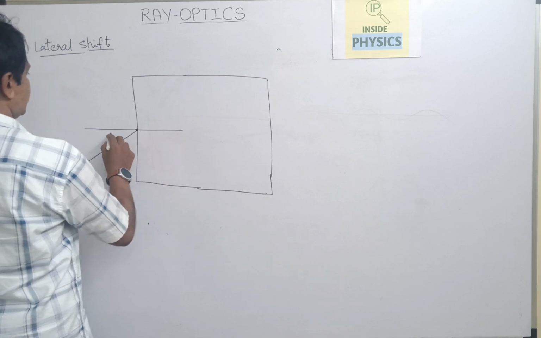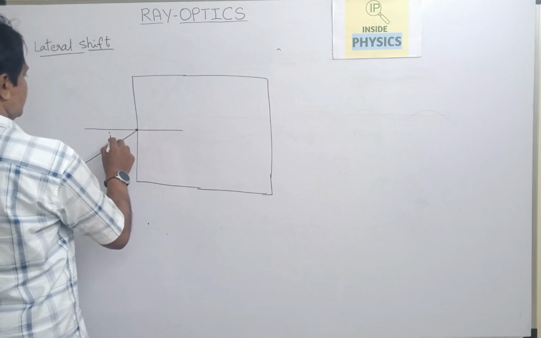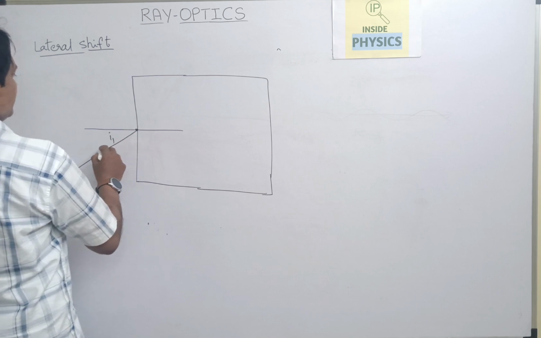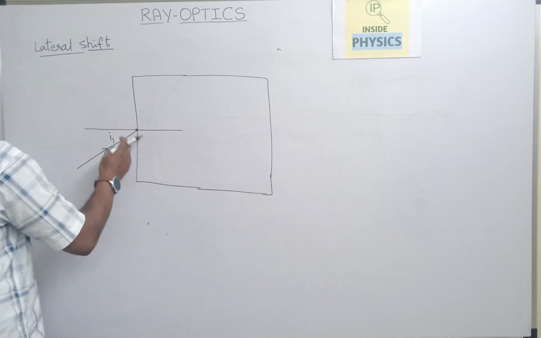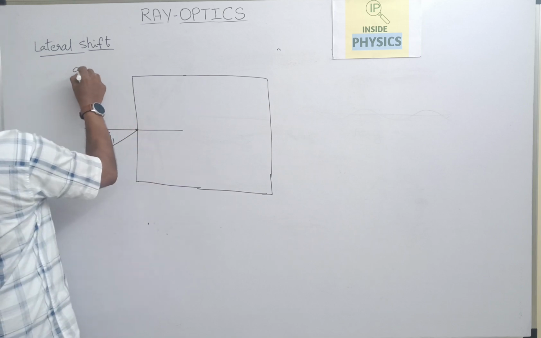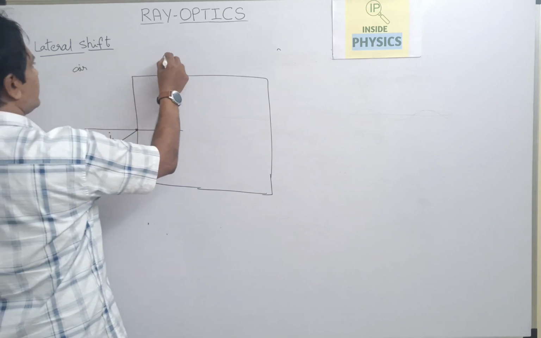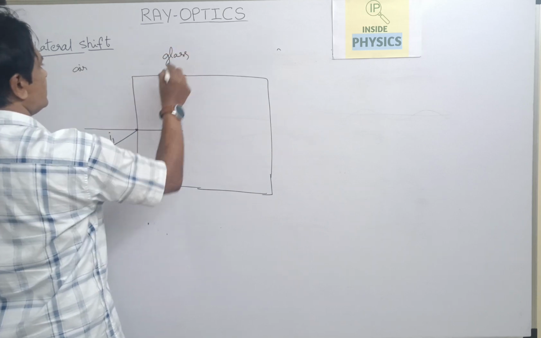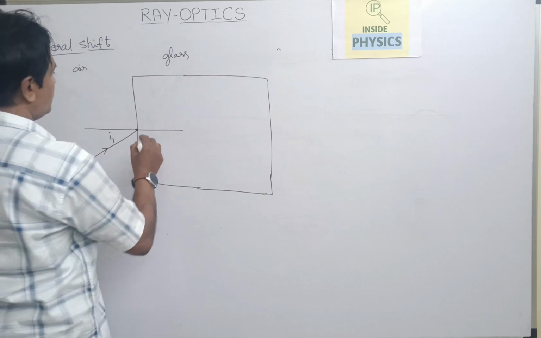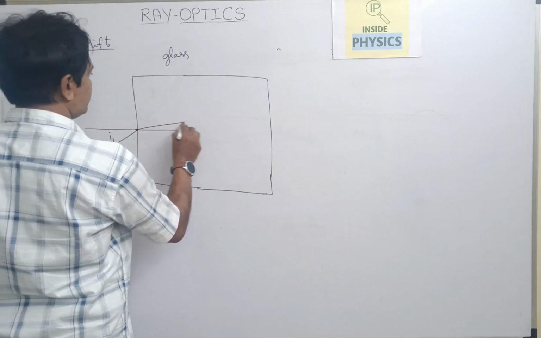So say this is angle of incidence i1, and this is the normal drawn to the border of two mediums. Say this is air to glass medium. The light ray is going from air to glass. So in this way the ray will bend towards the normal.